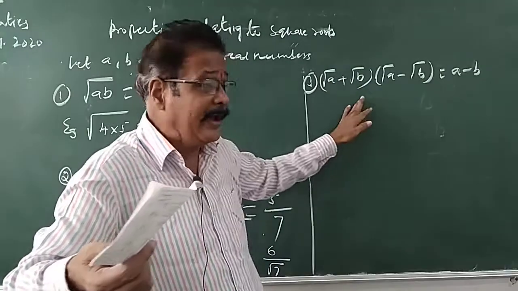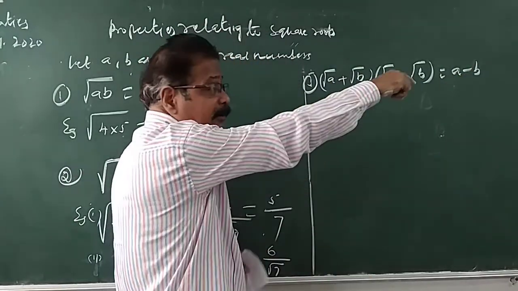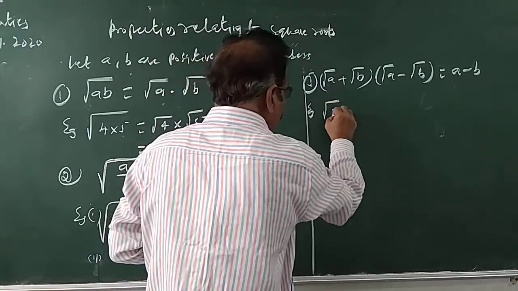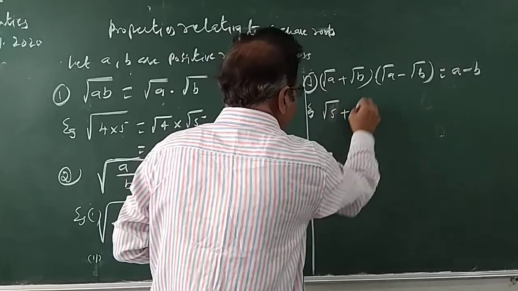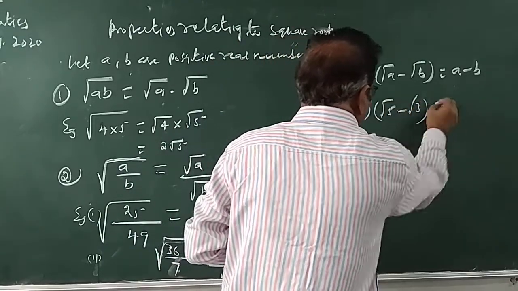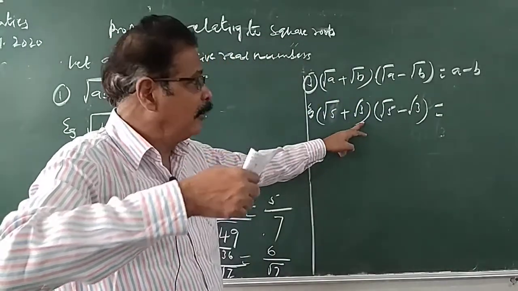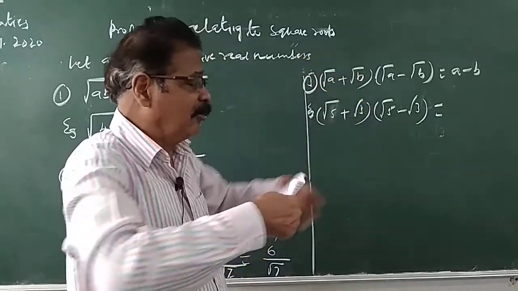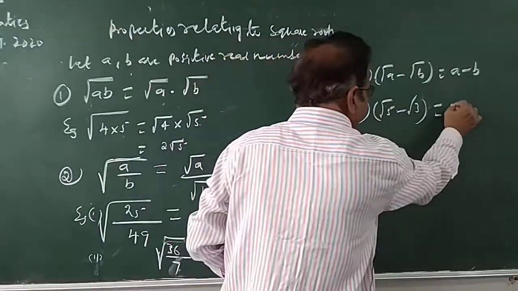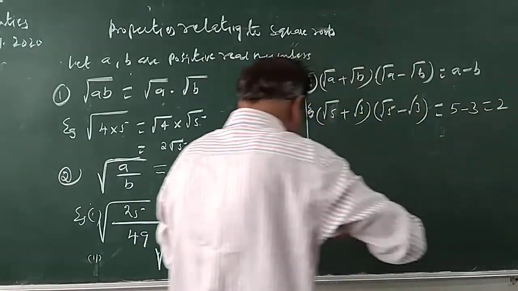When the square root is there, you simply write A minus B. Example: root 5 plus root 3 into root 5 minus root 3. Here A is 5 and B is 3, both terms having square roots, so the result is 5 minus 3, which equals 2.